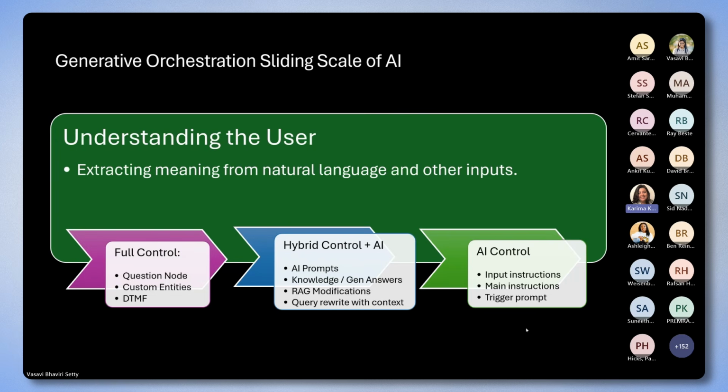Well, when you're inside a topic or deciding how you're going to understand an input, you have the concept of entities. Entities allow you to use a much more constrained model and a constrained area for the range of things that you accept from a user.